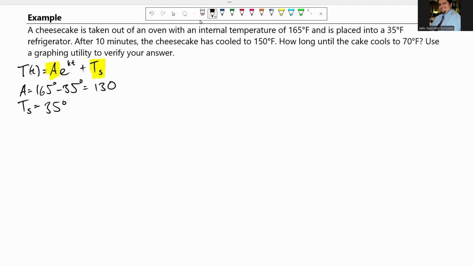Got it? So we can fill in a fair amount already. That means big T of little t is going to be 130 e to the kt plus 35.